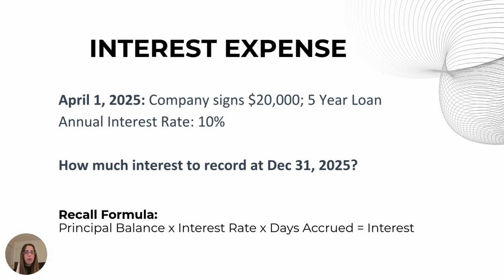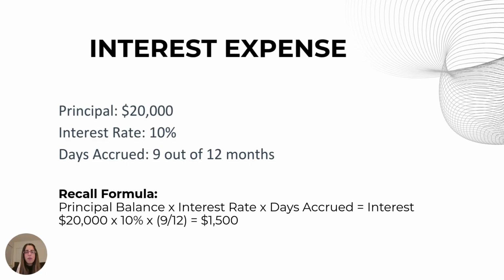So if we go back to our formula, principal balance times interest rate times days accrued, when you multiply that will give us our interest. Now, for simplicity, instead of actually using the number of days, we're just going to round up and use number of months. Note that in real life, the actual bank will use number of days.